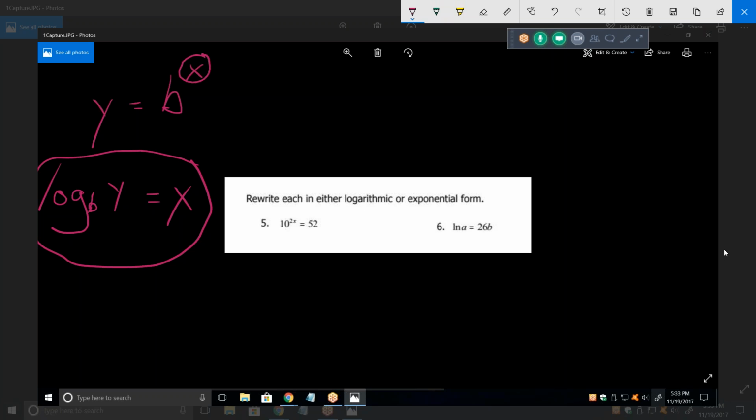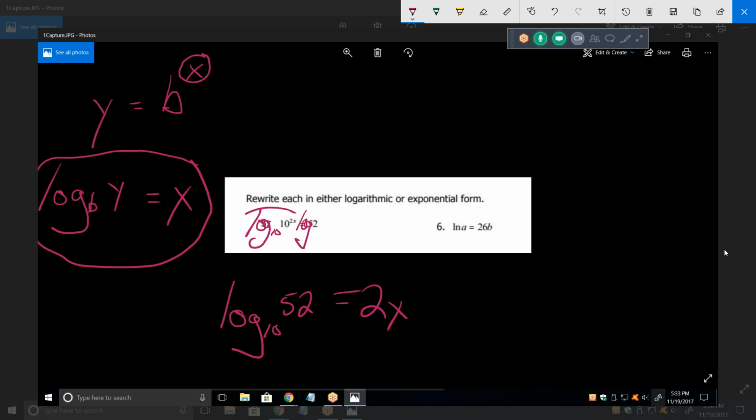Okay. So let's take this exponential equation and write it. So isn't it just log base 10 of 52 is 2x? Uh-huh. Okay. Now, there is another way to think about doing this that gives you the same answer, and that would be taking the log base 10 of both sides.